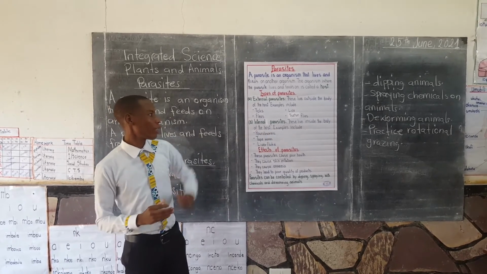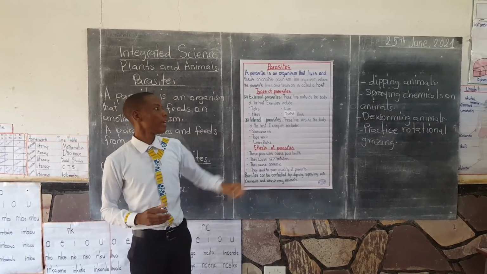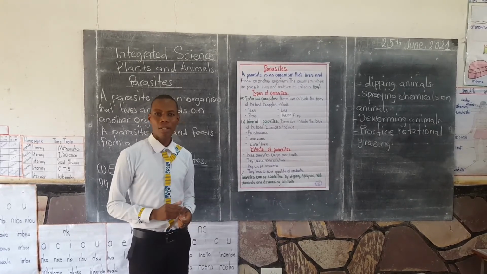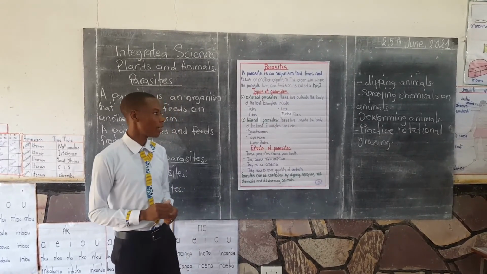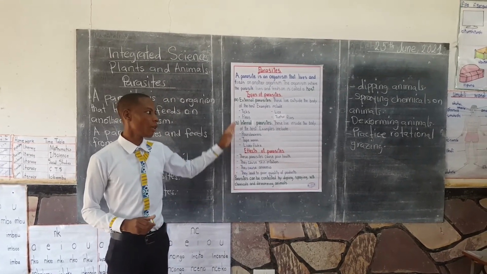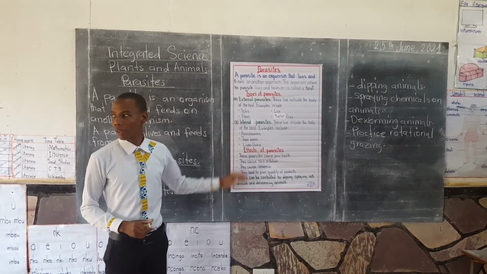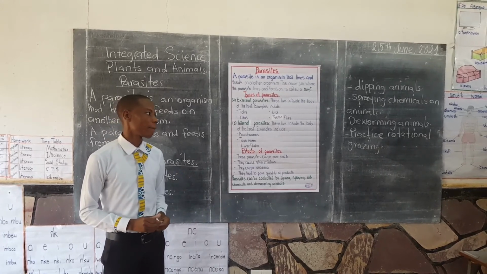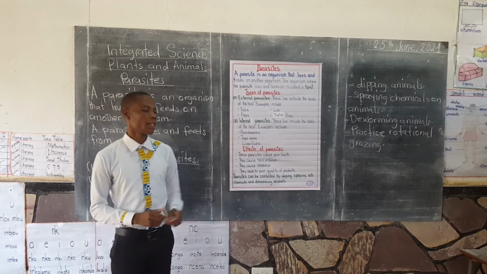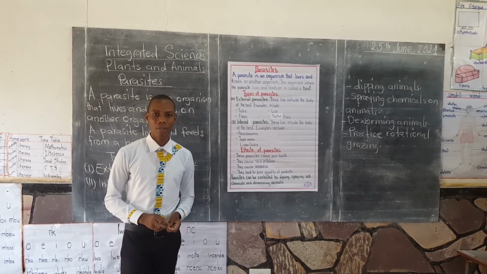Then, to control internal parasites, we are saying deworming animals. Deworming simply means giving medicine to animals in order to control the internal parasites. Aside from deworming animals, we practice rotational grazing for animals.